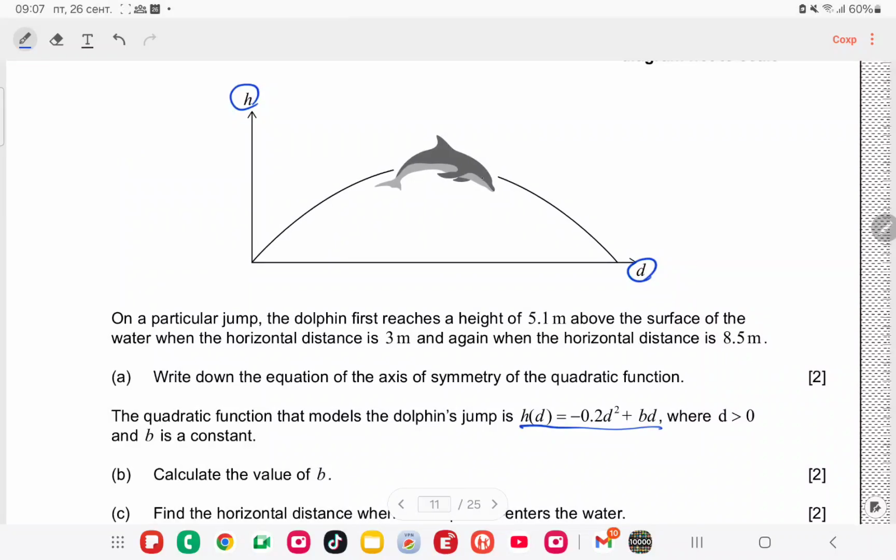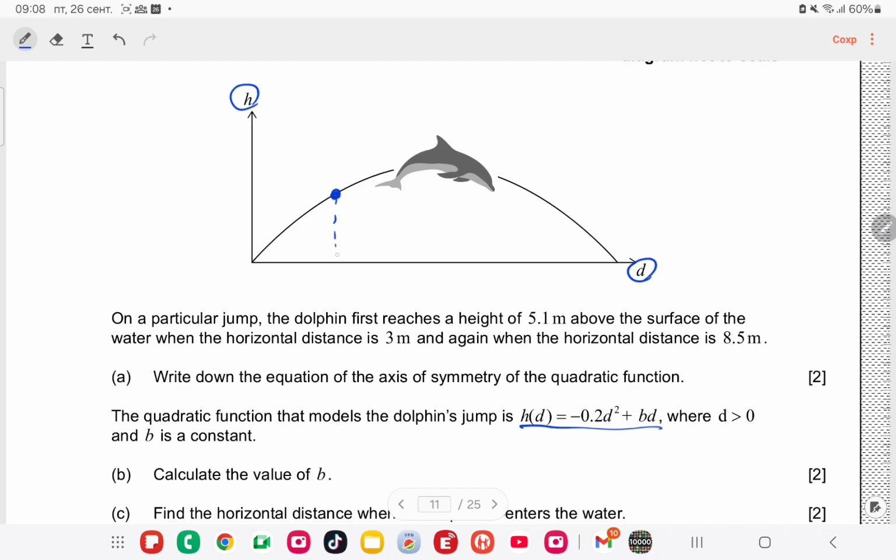In a particular jump, the dolphin first reaches a height of 5.1 above the surface of the water when the horizontal distance is 3, and again when the horizontal distance is 8.5. So what does it mean in the context of this problem? The dolphin reaches the height of 5.1 when the horizontal distance was 3.